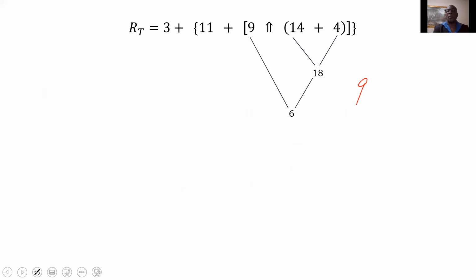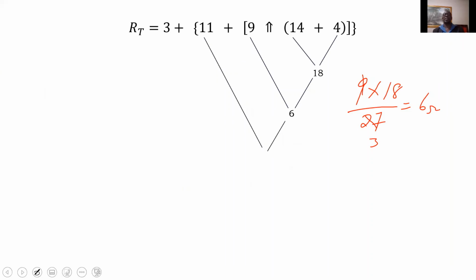So that's 9 times 18 over 27, which gives us 3, and that's 6 ohms. Then the 11 plus the 6 is 17. And then finally, 3 plus 17, which gives us 20 ohms. So RT is equal to 20 ohms. And there we have a resistance equation, and we're able to solve that equation to get our total resistance.